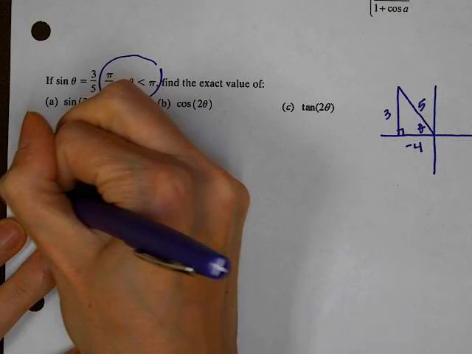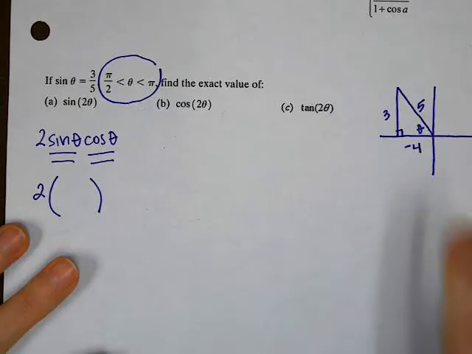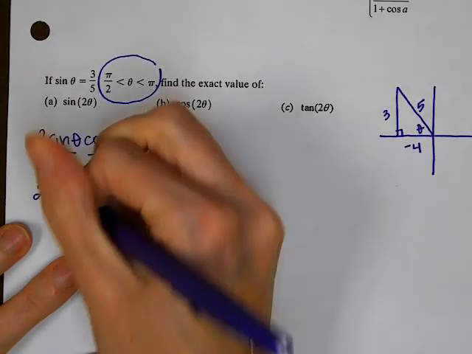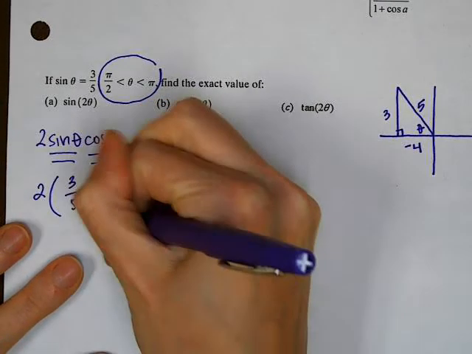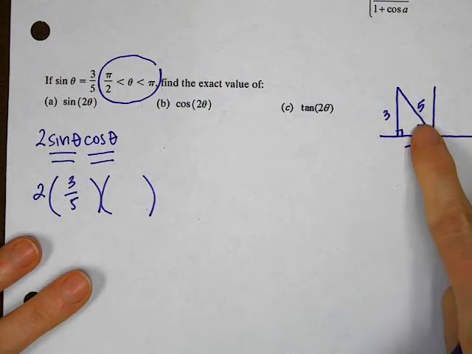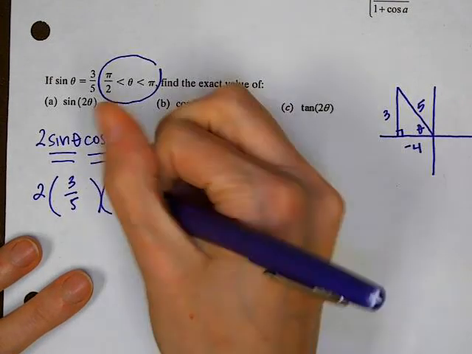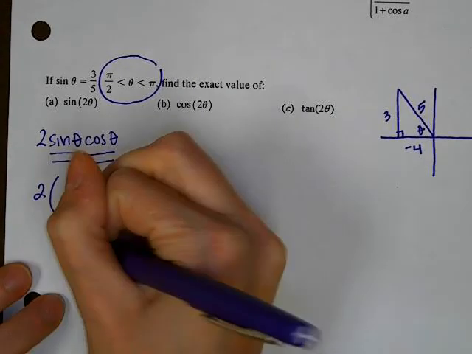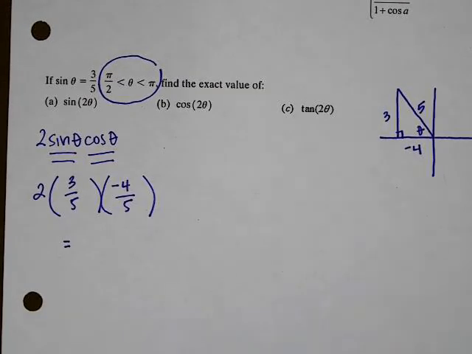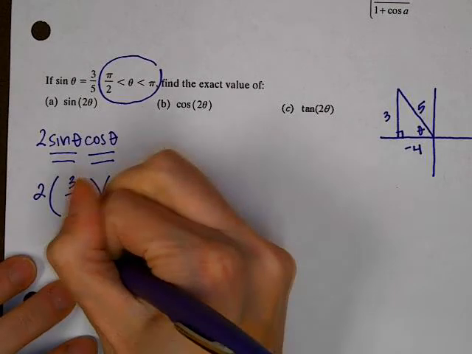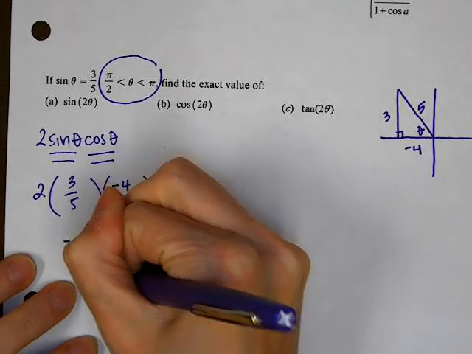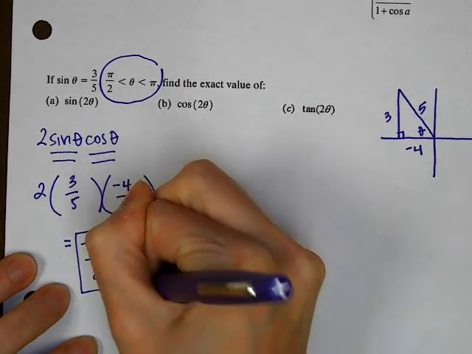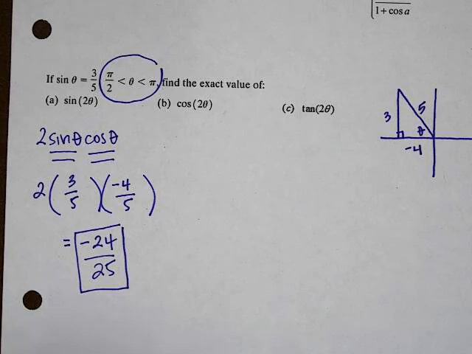So now we have 2 times sine of theta, which is opposite over hypotenuse, so 3/5, times cosine theta, which is adjacent over hypotenuse, which is -4/5. And then just multiply through, and that gets you -24/25. That's it. Okay, so these are actually pretty easy.